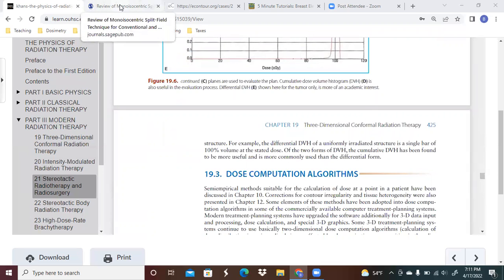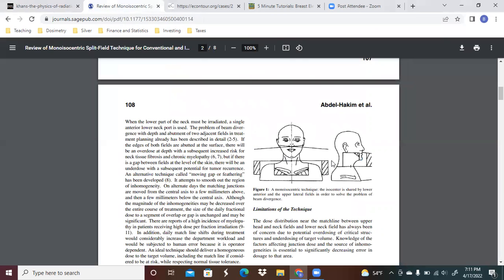So those are examples of 3D planning. Now, this has really advanced, particularly in the area of head and neck. Obviously, the head and neck is the area in which you have the smallest amount of space and also the highest volume of critical structures that's concentrated in that space.